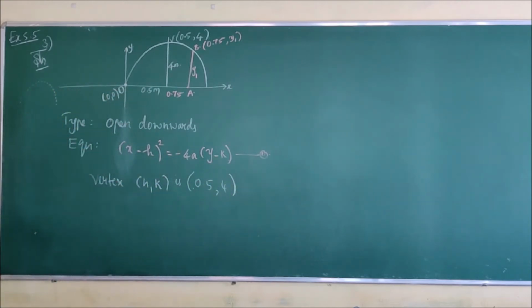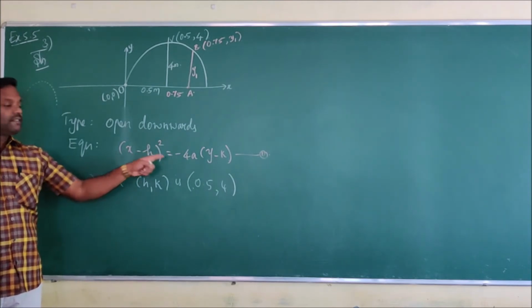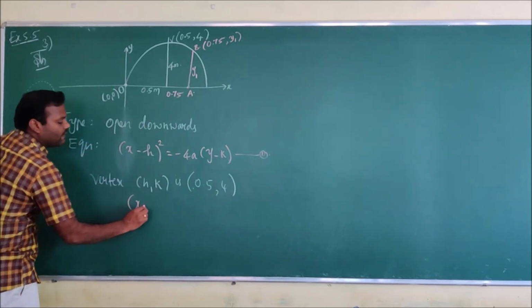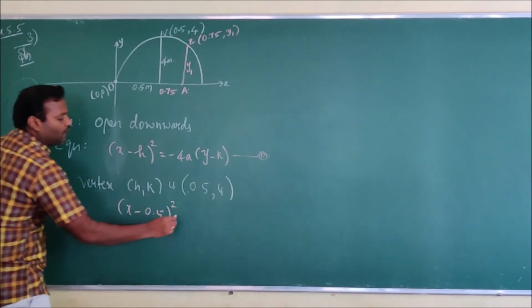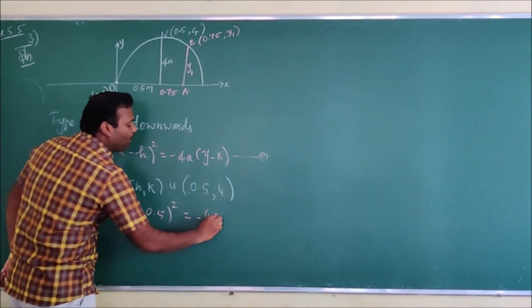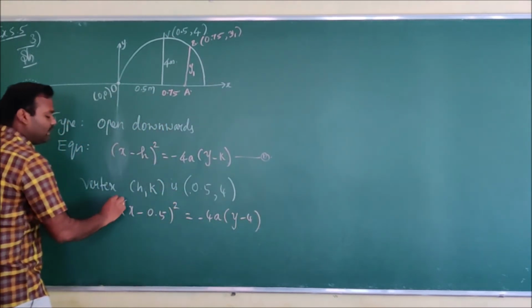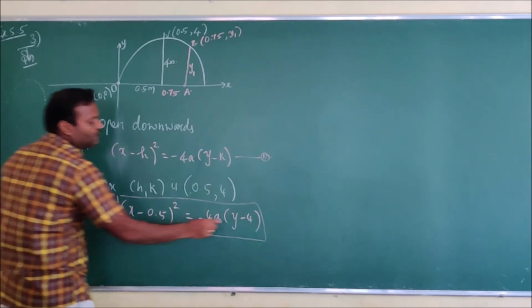Now I can substitute instead of h and k. So when you are substituting this, the equation becomes x minus 0.5 the whole square is equal to minus 4a into y minus 4. So this is the equation of the parabola after substituting the vertex.